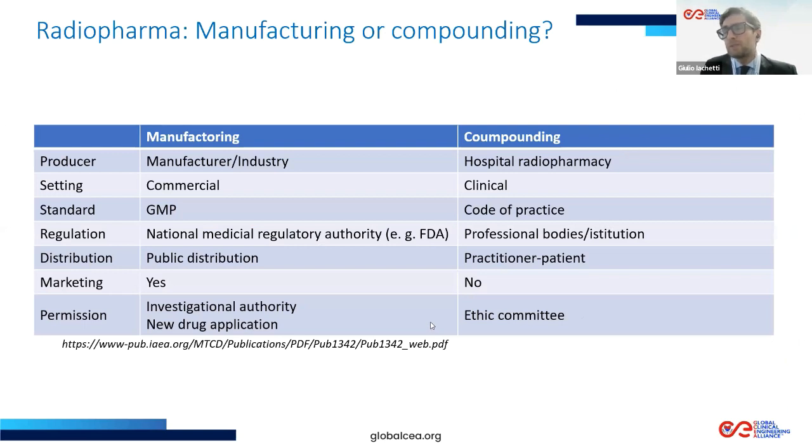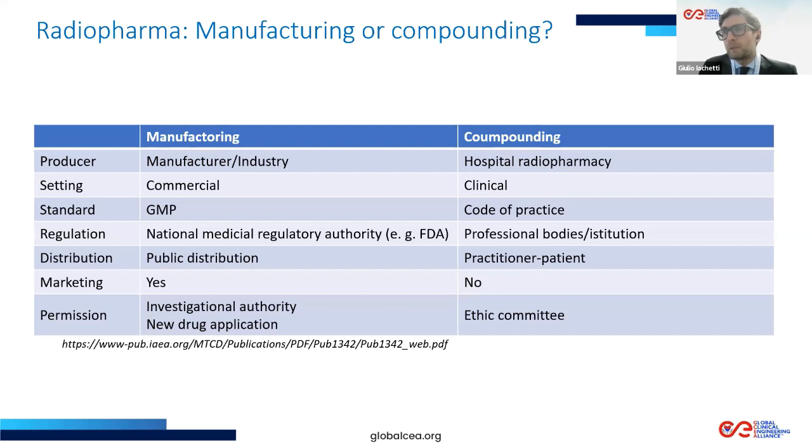It's very important to consider that the radiopharmacy for industry and for hospital are different. The industry is in a commercial setting, so the final goal is to put a product in the market and to sell it.